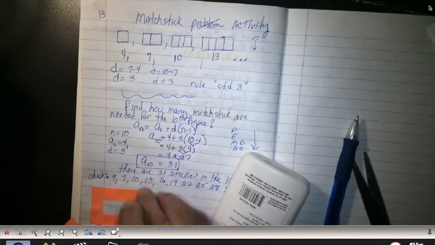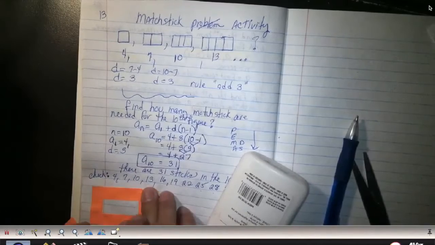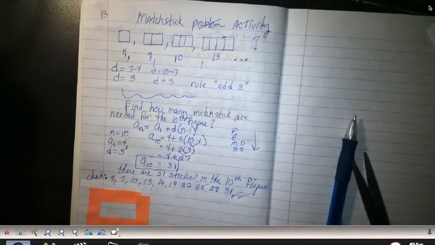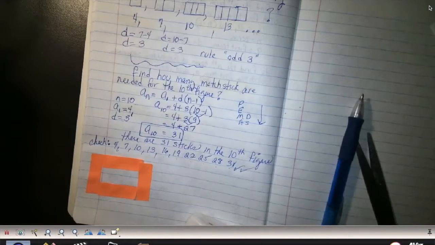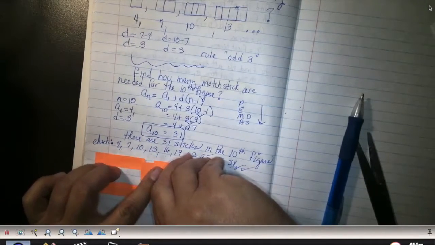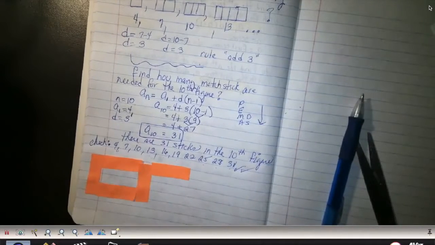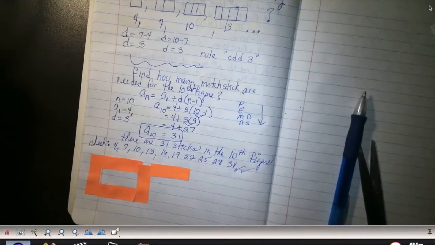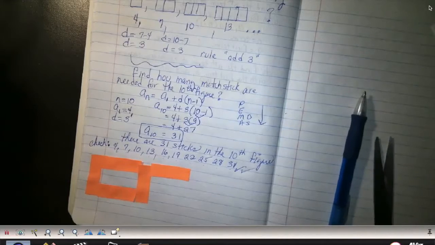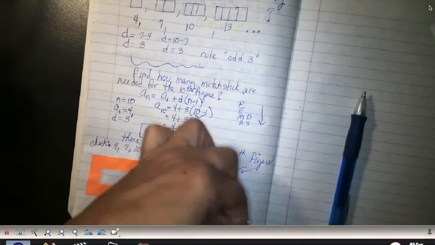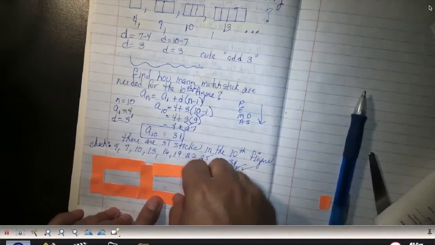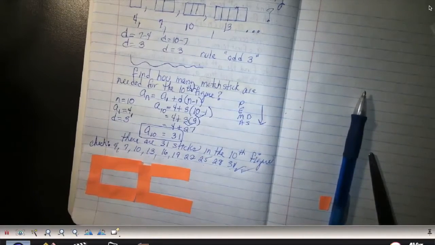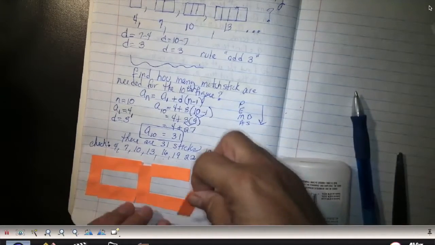Now they're not perfect because I just cut them. It's okay. That one looks like it's going to fall off here, so let me fix it.